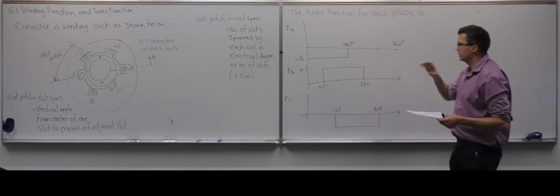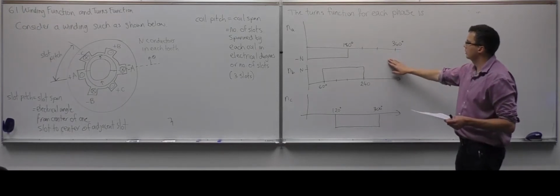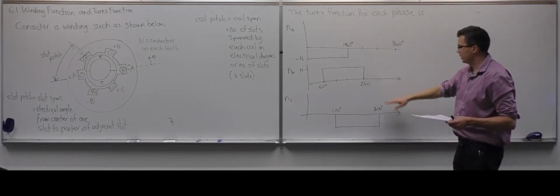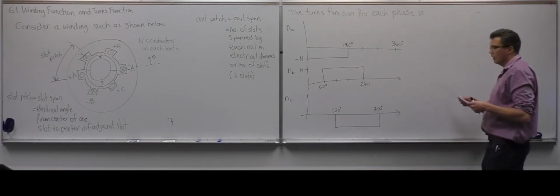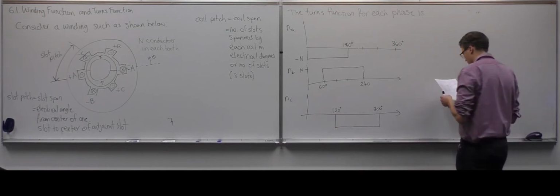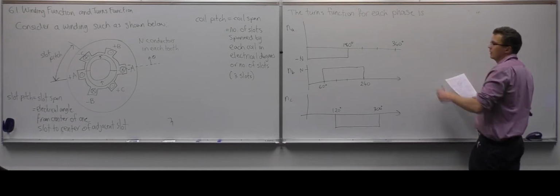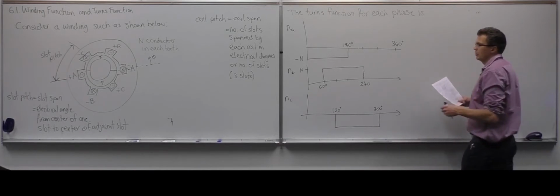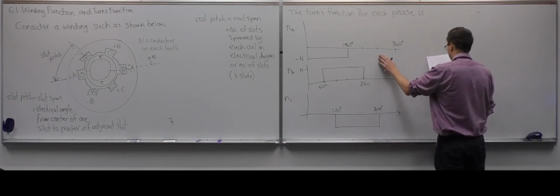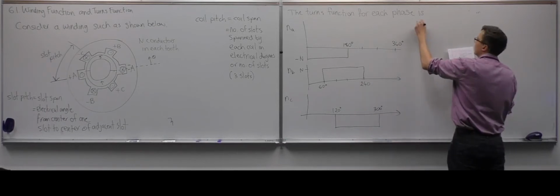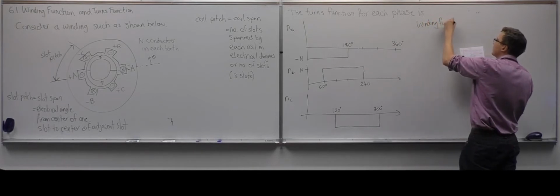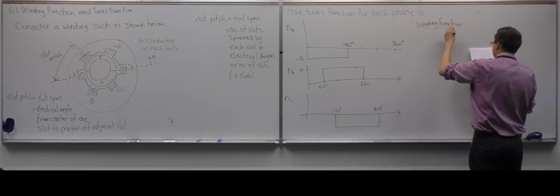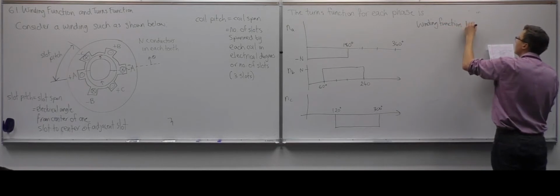So let's now look at this turns function again. So we have the turns function here, and then the winding function can be determined from the turns function by subtracting the average of the turns function.